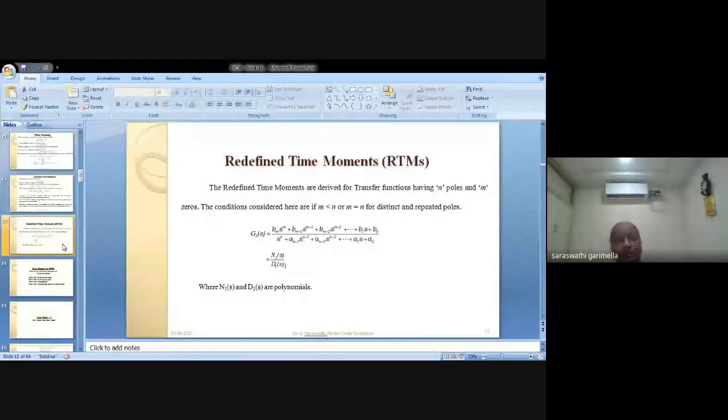So for the redefined time moments and Markov parameters, I told you that long division, Pade or Routh approximation tables, continued fraction, all those were different aspects, and by considering poles or eigenvalues, the reduction methods are different.